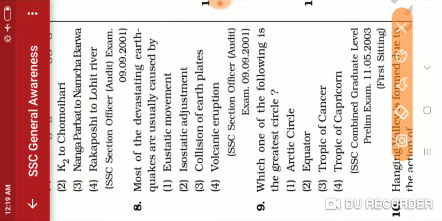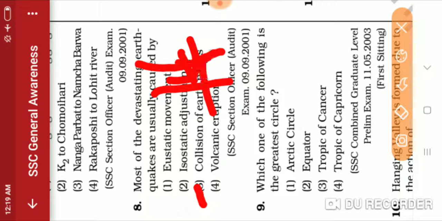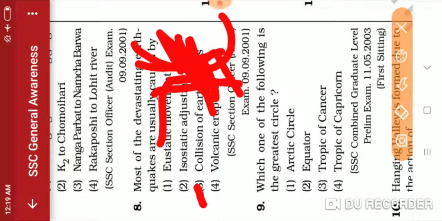Most of the devastating earthquakes are usually caused by the collision of earth's tectonic plates. When two plates collide with each other, earthquakes happen.